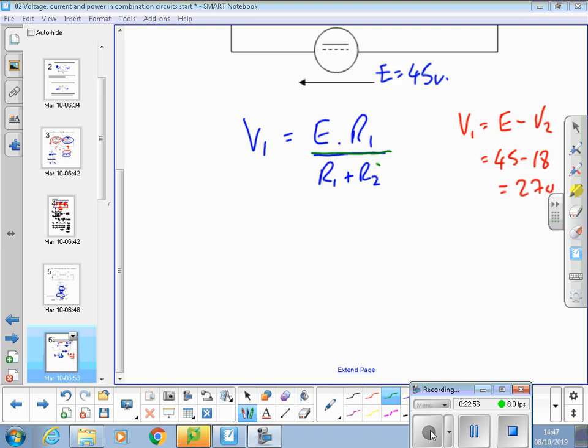How are we going to get those two R1s together then? What do you reckon? Do what we did.